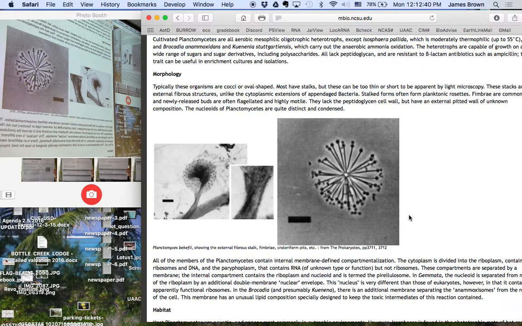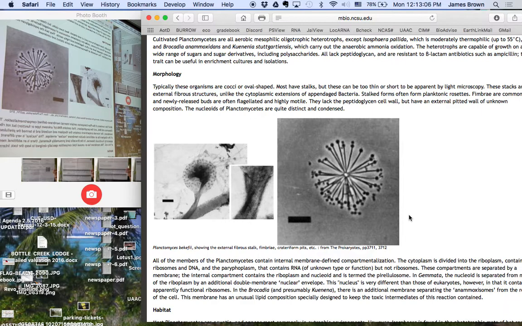This is not peptidoglycan. It's some kind of glycoprotein, the nature of which is a little unclear. And these plates, cell wall plates, are covered in pits. Some of these have fimbriae out of them. The function of those pits is entirely unknown.